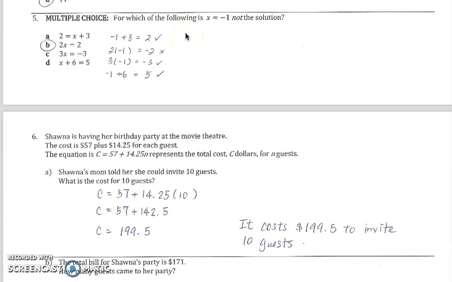So here's what I've done. We saw that negative 1 plus 3 is 2, so the A will not be our answer. 2x equals 2, so 2 times negative 1 is negative 2. It's not equal to 2, so this is not a good left side equals right side scenario, but that's what we're looking for.